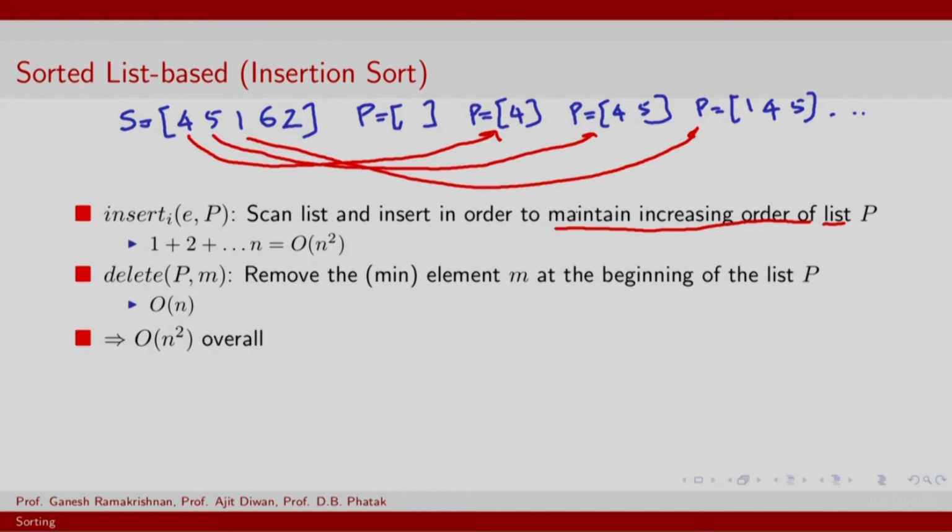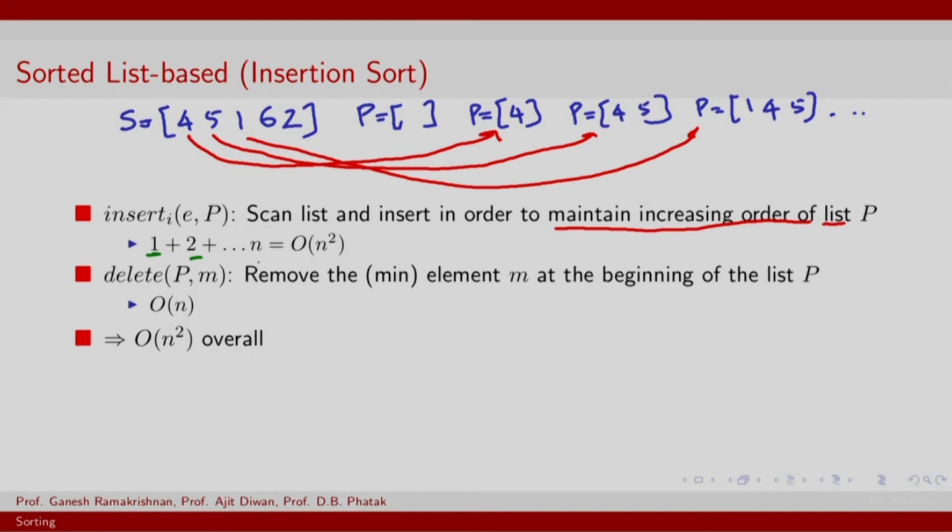So as you can see, the scanning of the list will be order n, but the insertion into P can in the worst case take n squared time summed up across all the insertions. So for the first insertion you will incur a complexity of 1, for the second one, which is 5, you need to scan 2.